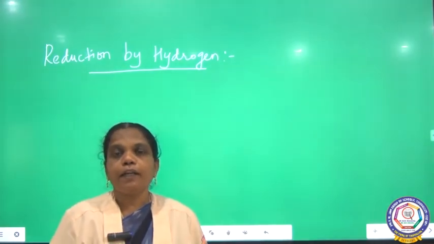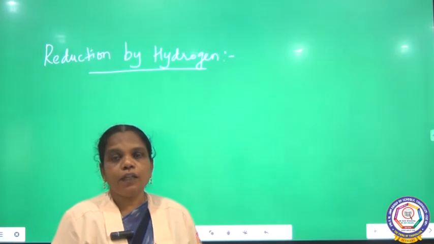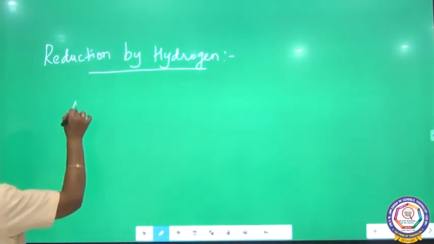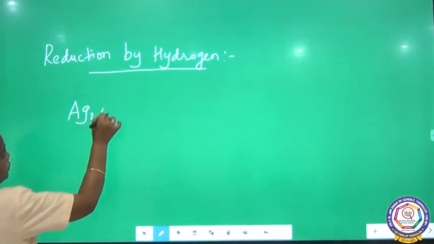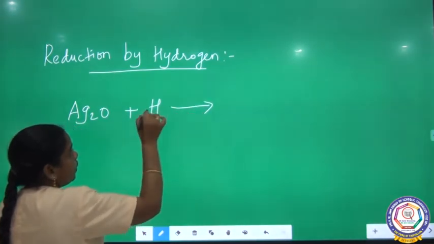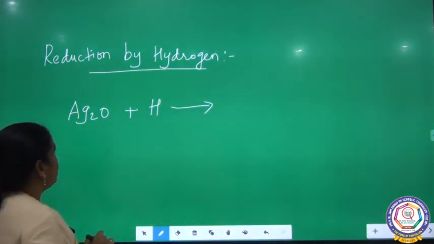That type of metal can be reduced by using hydrogen. So now one of the metals, silver oxide. Silver oxide can be reduced to silver by using hydrogen.